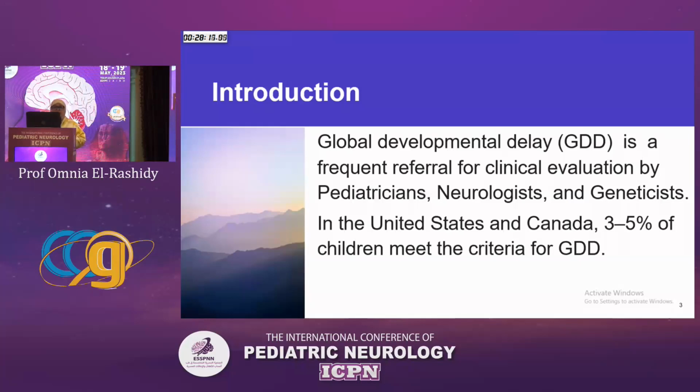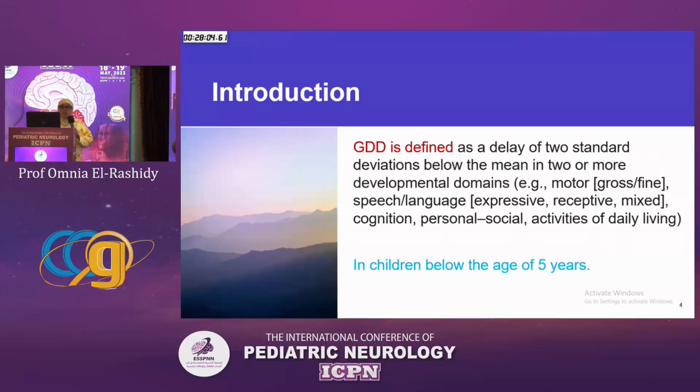Global developmental delay is a frequent referral for evaluation by pediatricians, neurologists, and geneticists. Around 3 to 5% of children meet the criteria for global developmental delay. I think it's much more in Egypt because of consanguinity. It is defined as a delay of 2 standard deviations below the mean in 2 or more of the main milestones of the child.